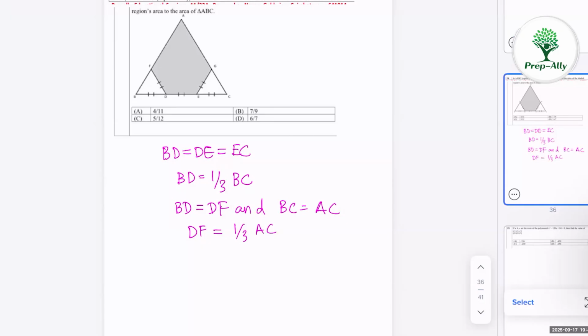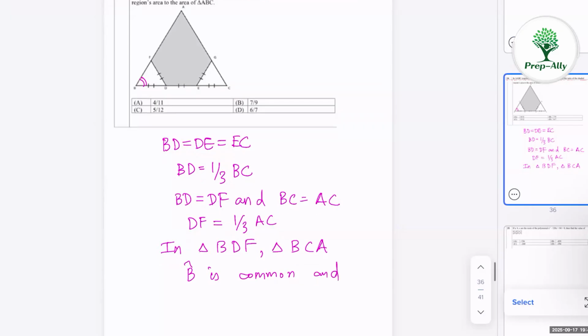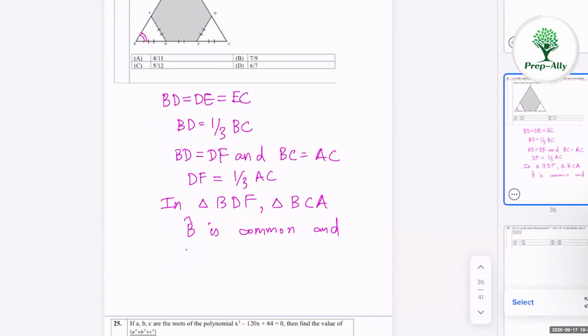And this angle is common in the two triangles. So in triangle BDF and triangle BCA, angle B is common, and BD by BC equals DF by AC equals 1/3, right?